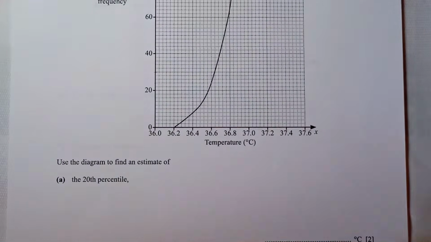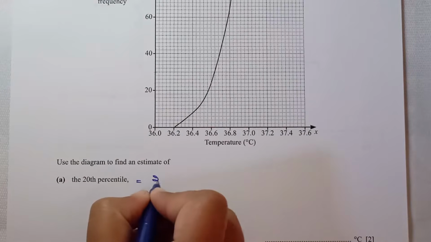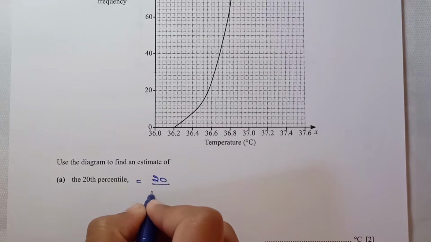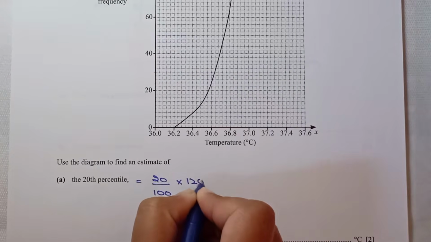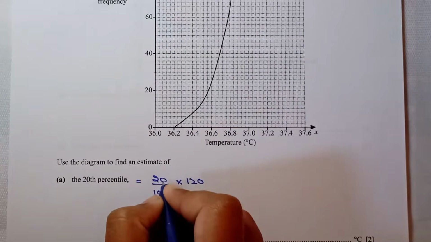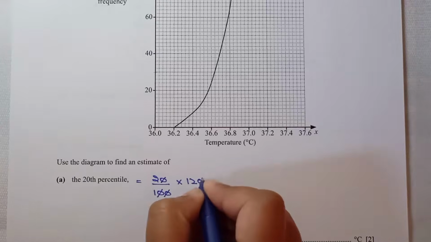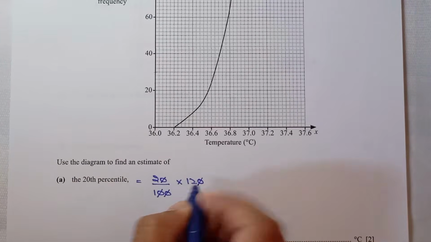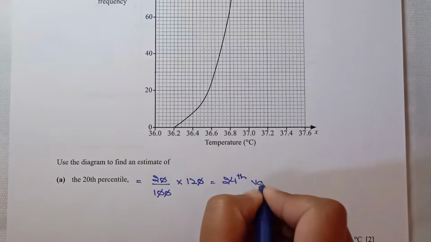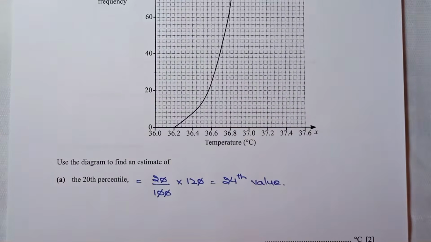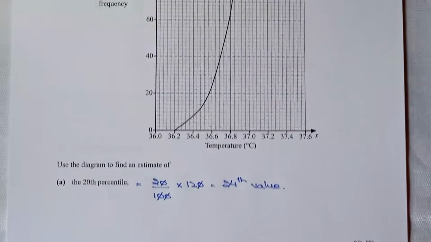So 20th percentile is basically equals to 20 over the 100 times by the total number of people, that are 120, right? So we can cancel the zeros and this 0. So 2 times 12 would be 24. So we need to find the 24th value of the cumulative frequency. That would be the 20th percentile.